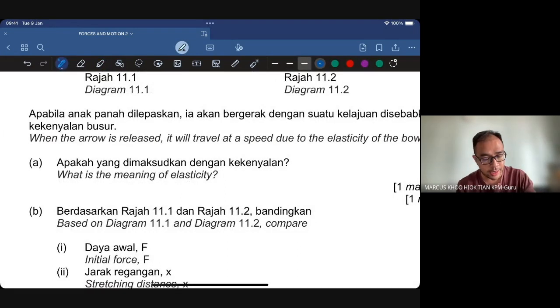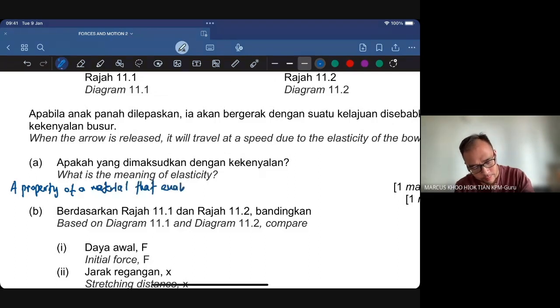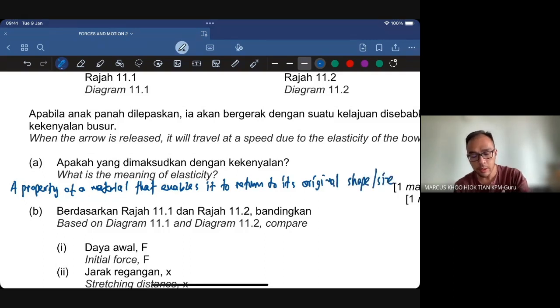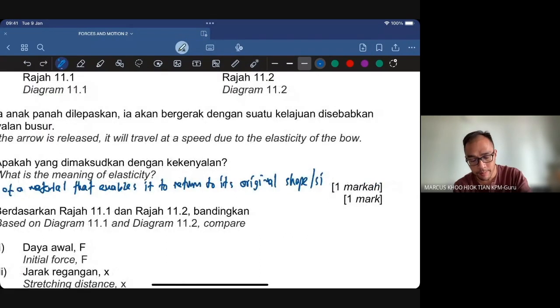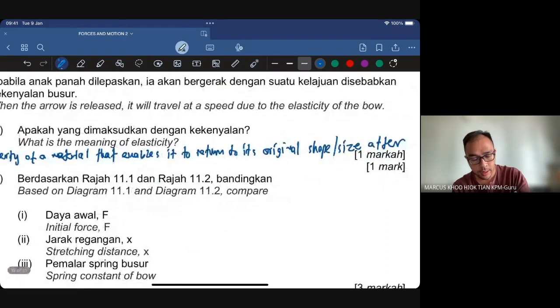Elasticity is a property of a material that enables the material to return to its original shape or size after the applied force is removed.